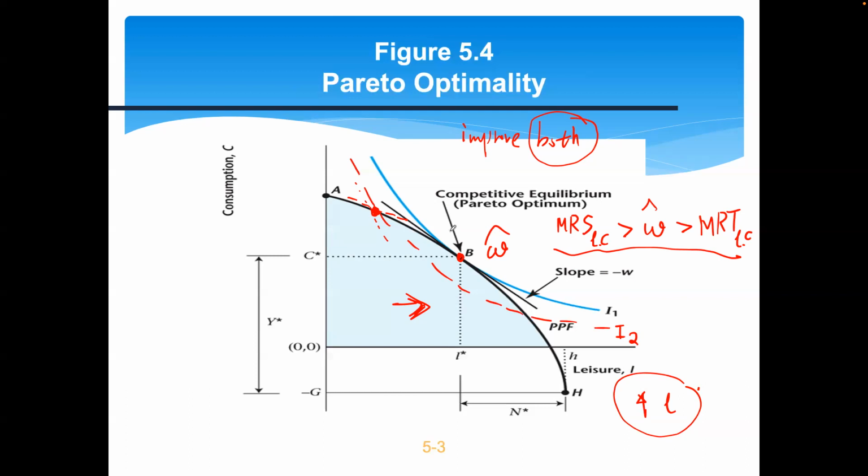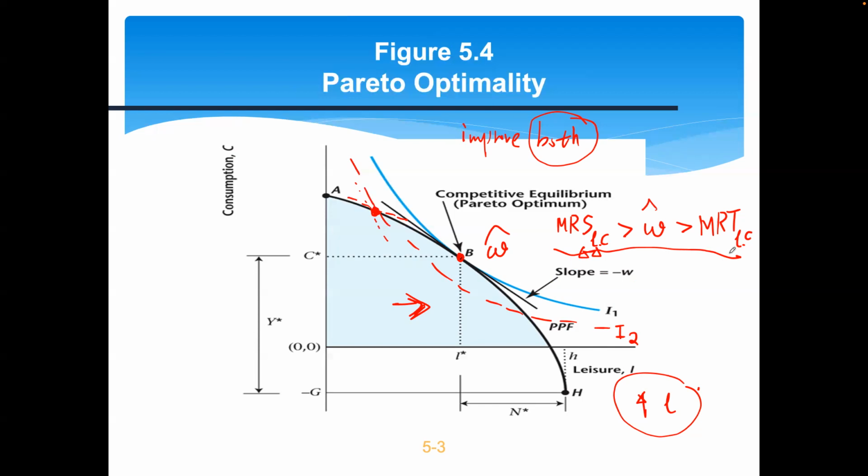Why? Because right now they really care about leisure, since there is a lot of consumption. So if you push in this direction, you reduce this number, and it makes the consumer better off.